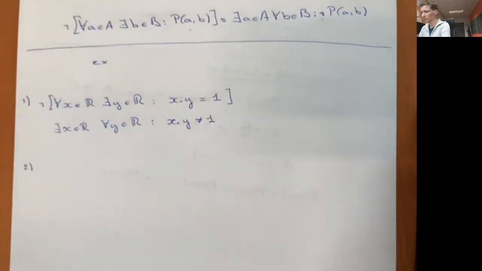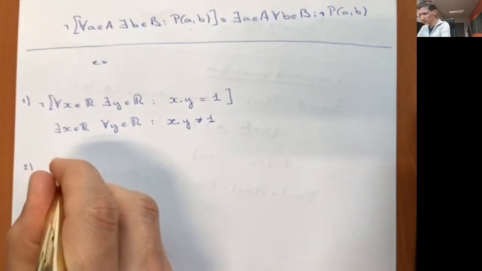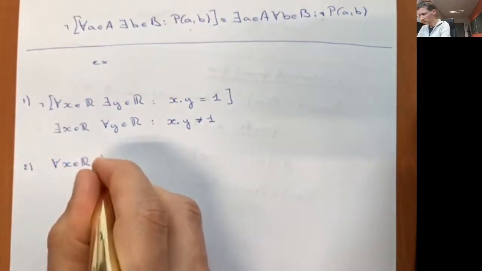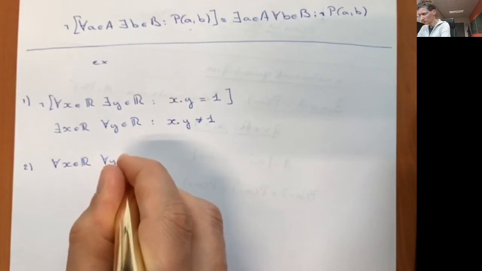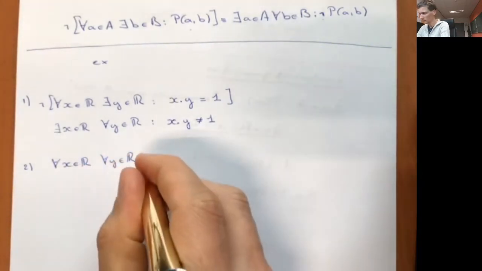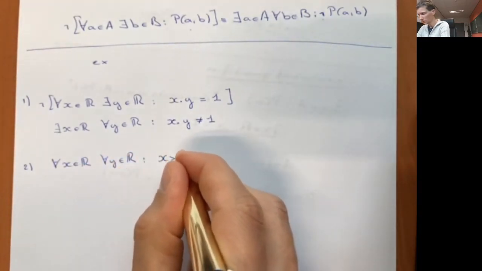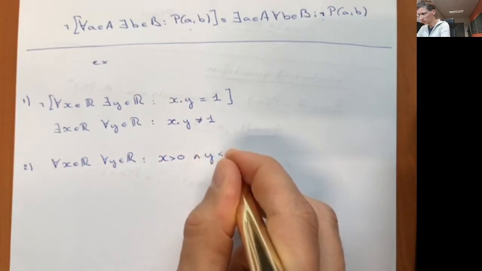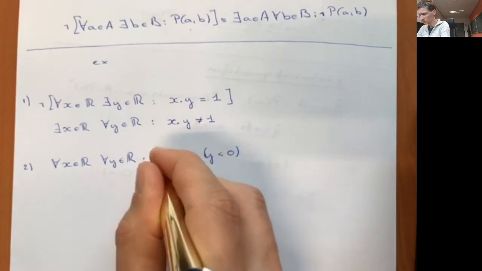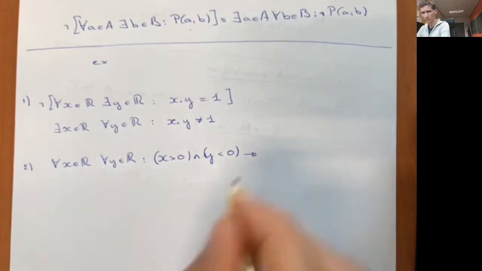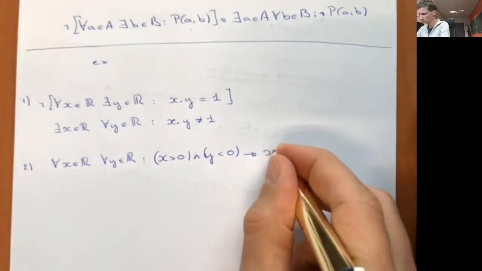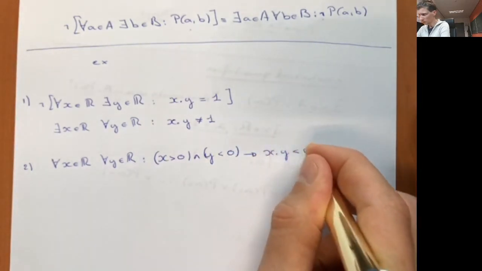Let me think of another example. For all X in R and for all Y in R, if X is bigger than 0 and Y is smaller than 0, then X times Y is smaller than 0.